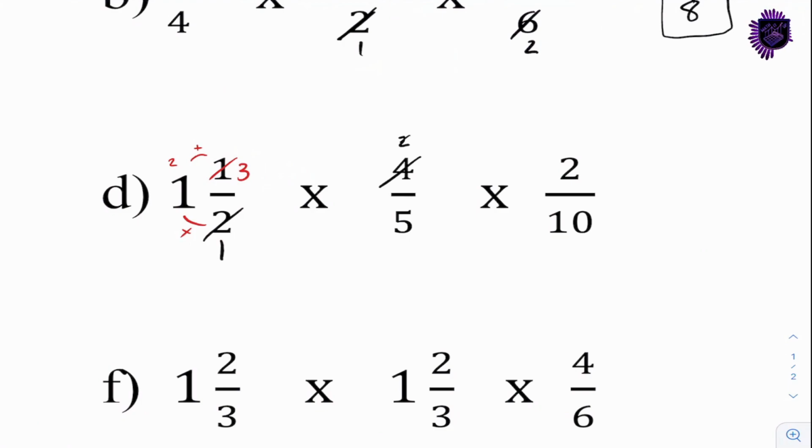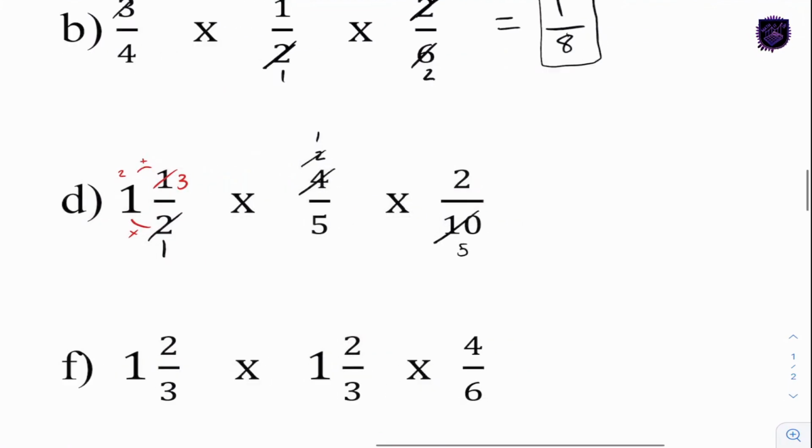And then we have this 2 and this 10 become 1 and 5. And that's it. So then we have on top 3 times 1 times 2, which is going to be 6. And then on the bottom we have 1 times 5 times 5, which is going to be 25. 6/25.